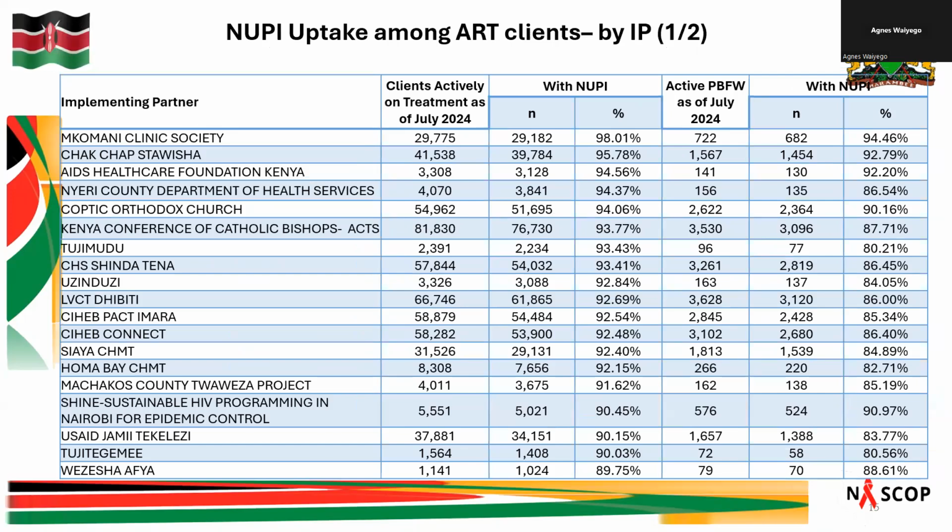Breaking the same by partner, you see that Mkomani Clinic Society is ranking at the top with a coverage of 98% among all the active clients on ART and 94% among the PMTCT clients. We can have a look at the proportions by partners. The next slide.